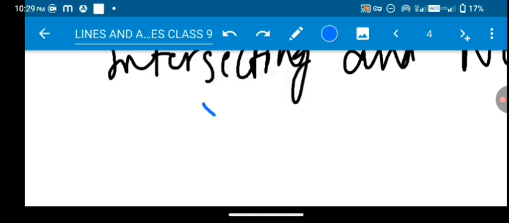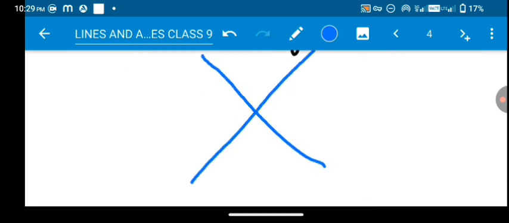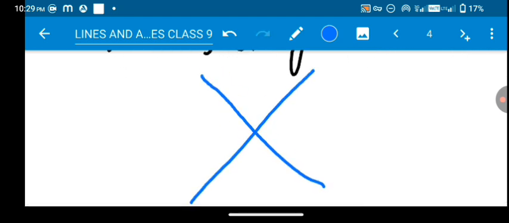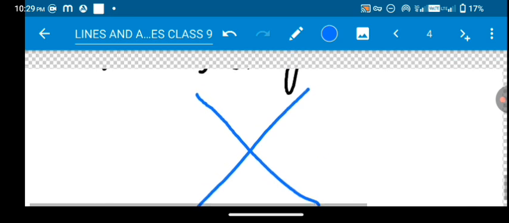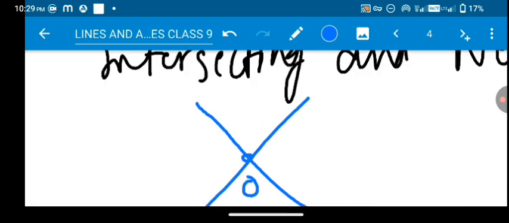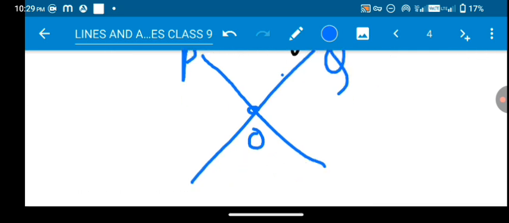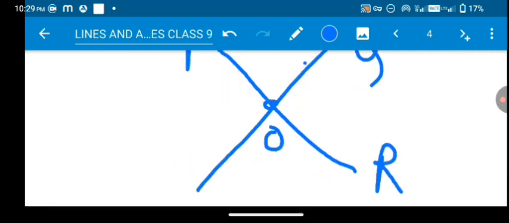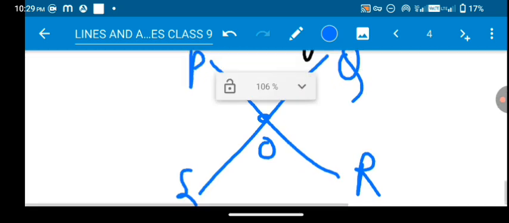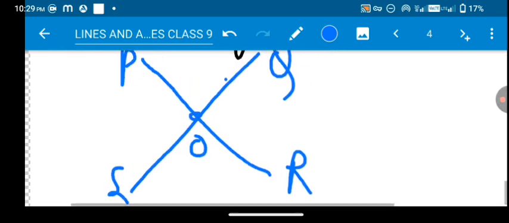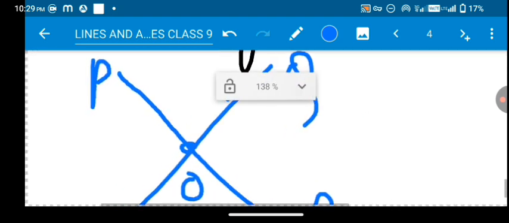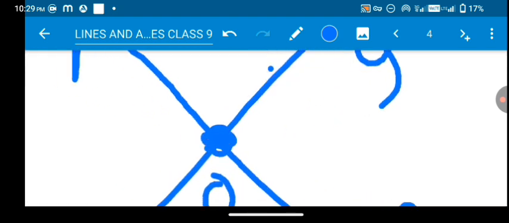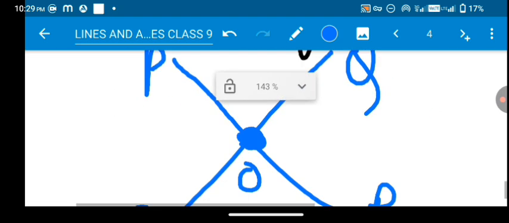Suppose I have made this diagram, and here is point O, P, Q, R and S. PQ and RS are intersecting lines which intersect at O. This is the intersection point.